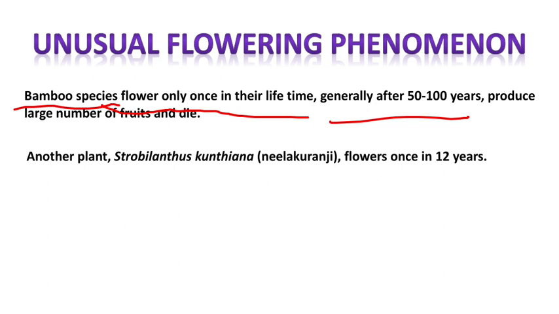Only then will the flower come and it will reproduce, and after that it will die. So after 50 to 100 years the flowering stage would come, and then it would die.